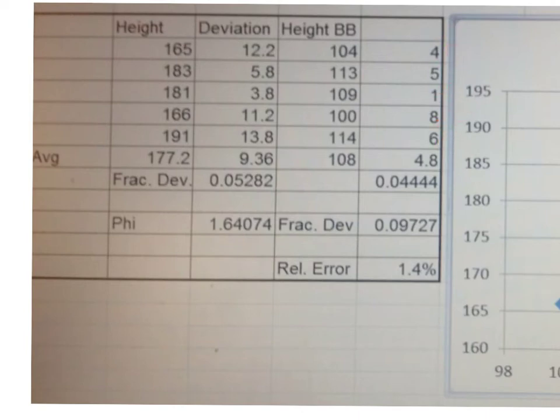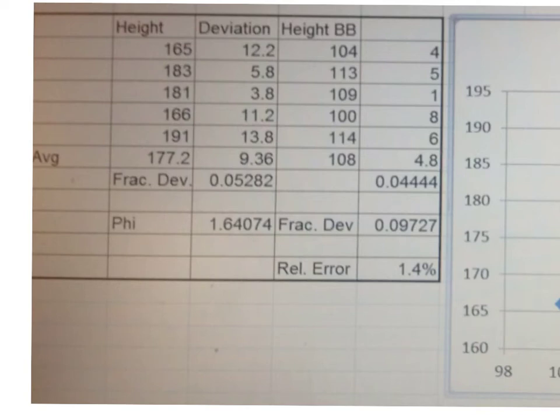Now, once we've got our deviation, we're going to find our average deviation. Our average deviation is the same thing. You take the numbers, you add them up, and divide by however many numbers you have. You do that for your height deviation and for your belly button height deviation. And we get a deviation for the height of 9.36, a deviation for the belly button of 4.6.